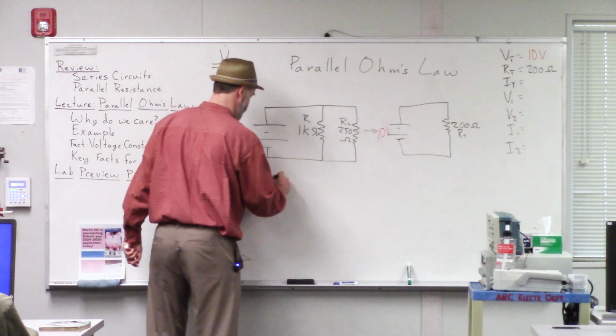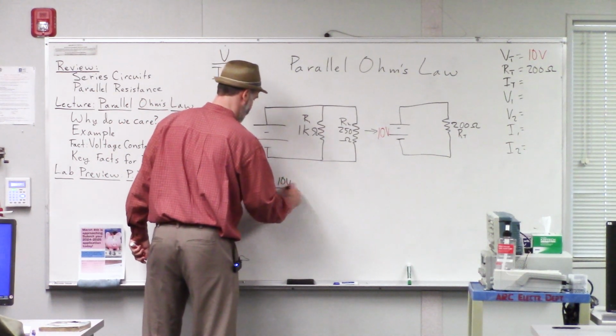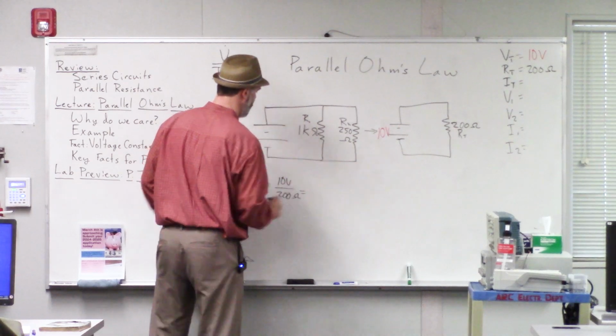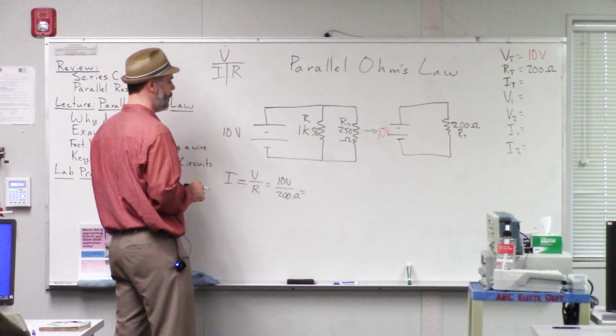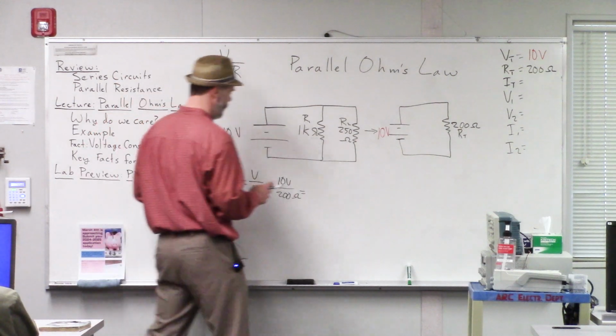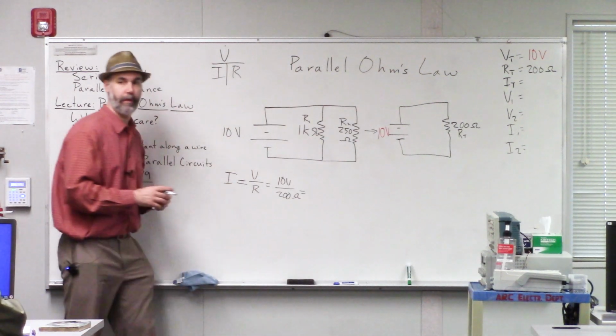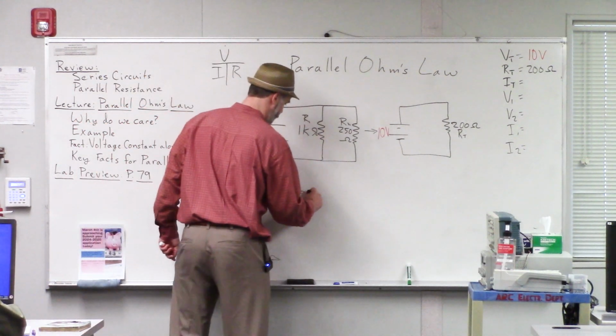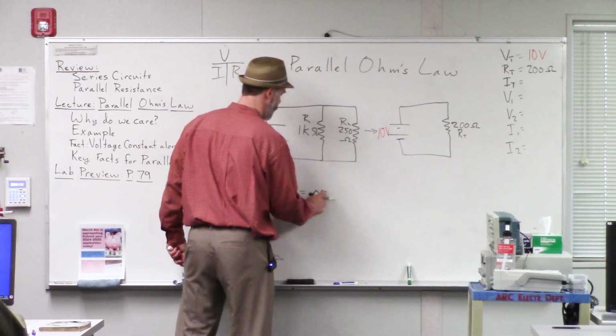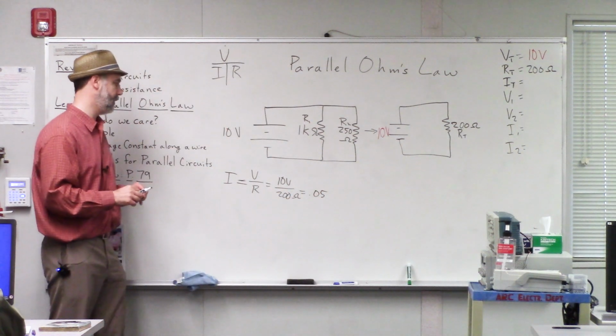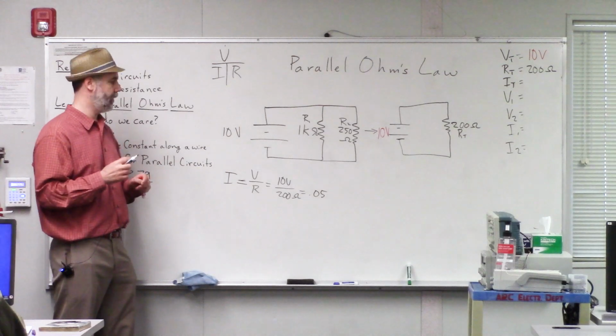Perfect. And what's our total resistance? 200 ohms. Perfect. 10 volts over 200 ohms. And so what does that give us? How much current? Okay. So 0.05. And what are the units? Ampere. Yeah, amps.